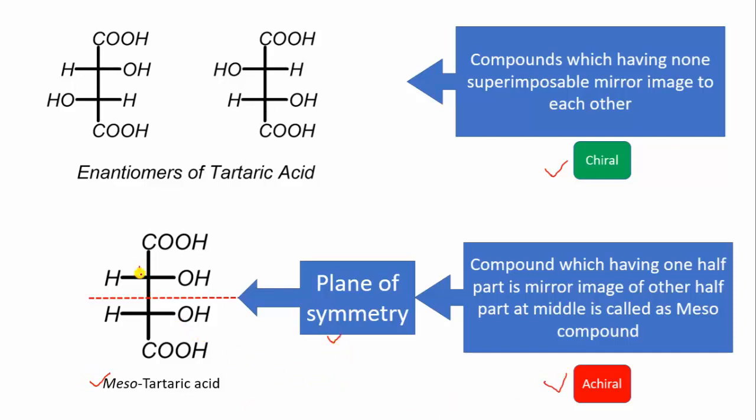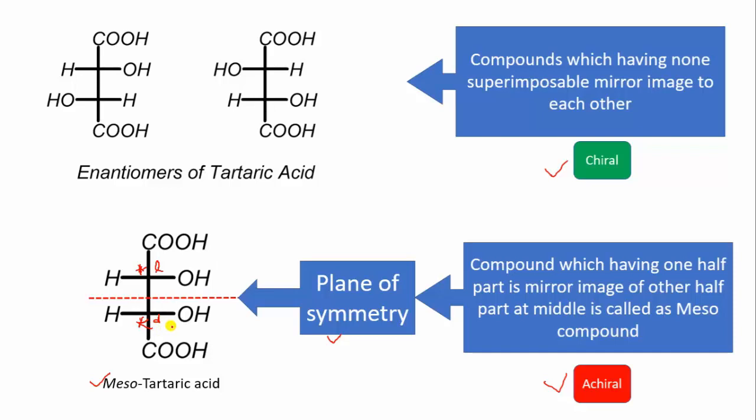Even though it contains chiral carbon, it has two chiral carbons. But these two chiral carbons have opposite optical activity. One may be levo, another may be dextro. So it cancels out the effect of each chiral center.